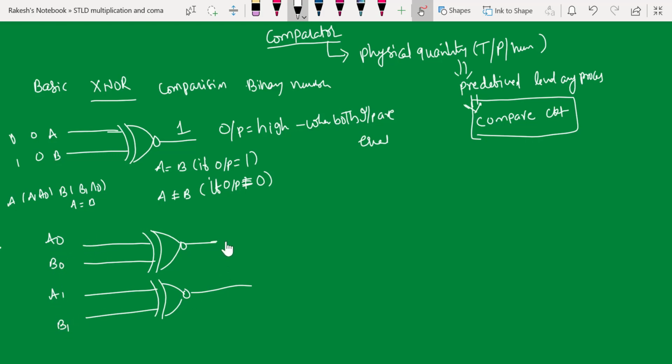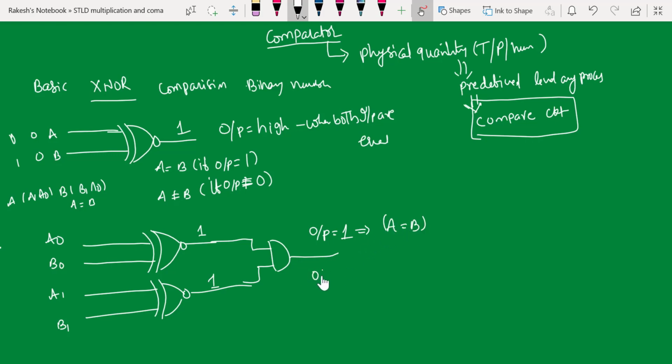So I am going to use one AND gate to get my output here. That means your AND gate output will be 1 only when A0 B0 is 1 and A1 B1 is 1. When output is 1, that means A equals B.